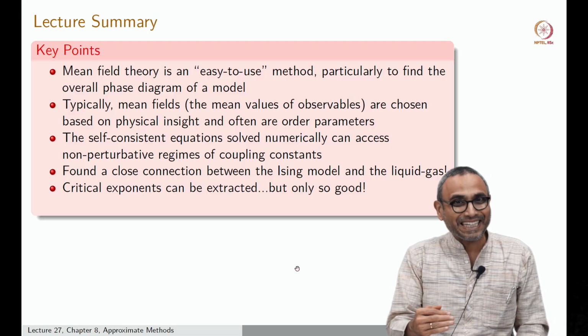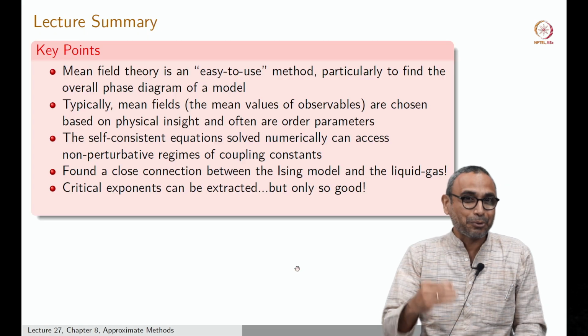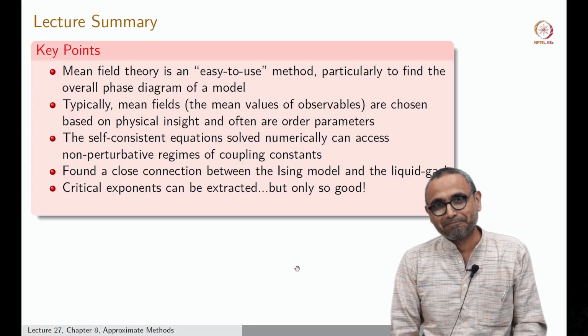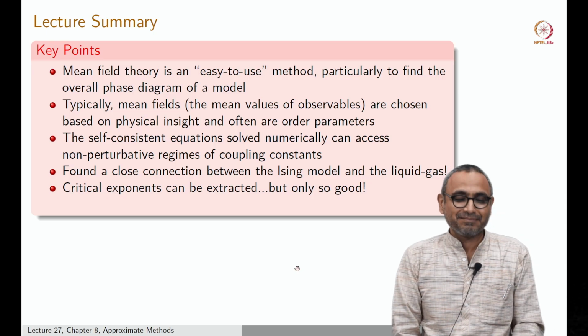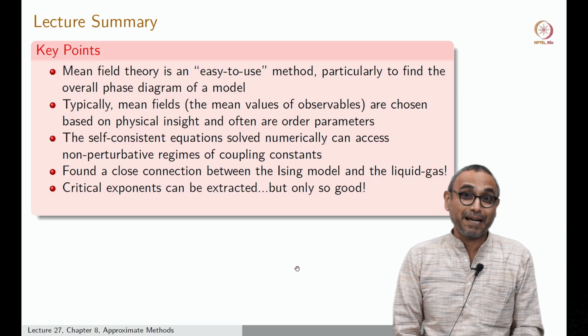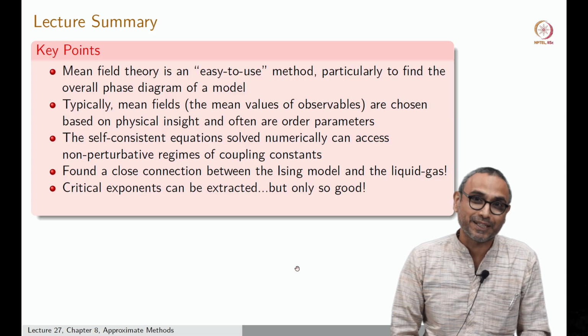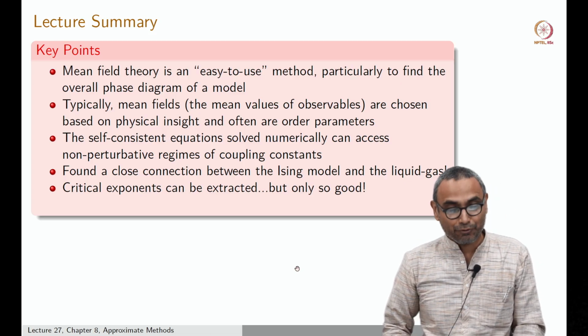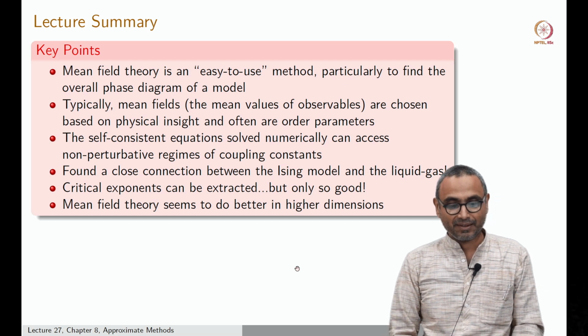But we know that the critical exponents that we have extracted do not match experiments. So that is not a happy situation, but perhaps we should look at it as an opportunity to understand why we are different from the actual experiments.